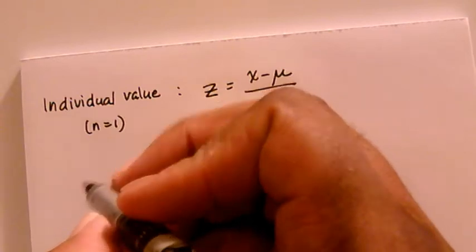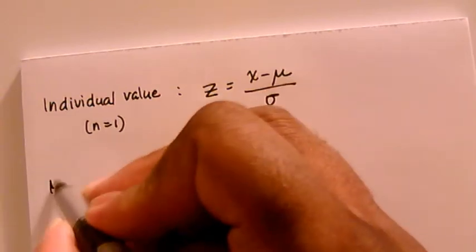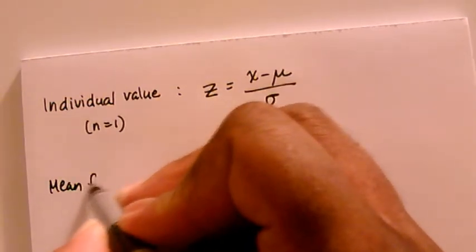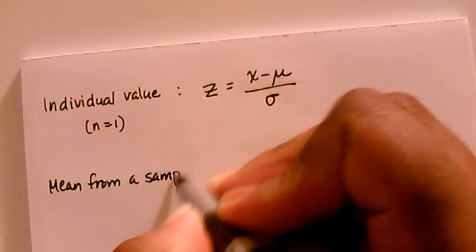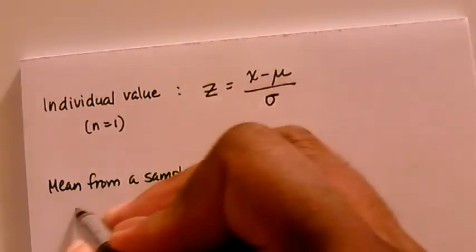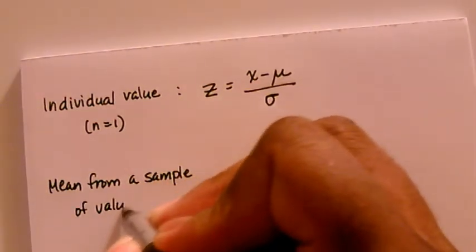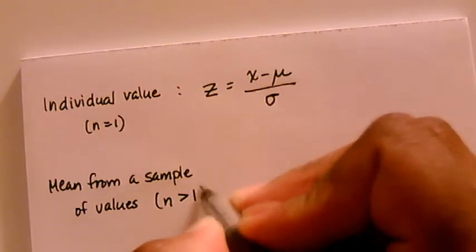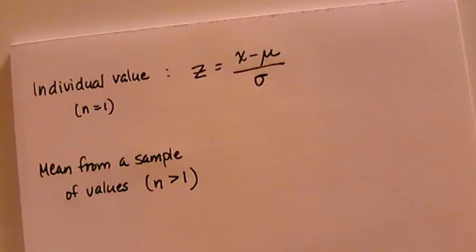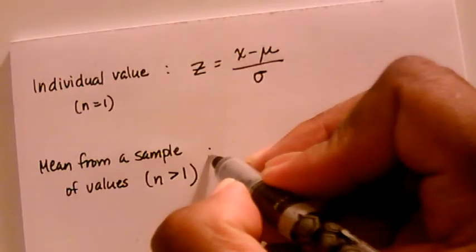Okay. Now, for a mean from a sample of values, that's where your sample size is bigger than 1, then you're going to use this formula.